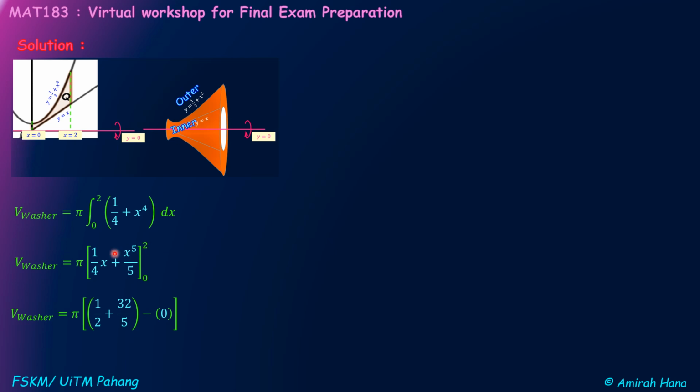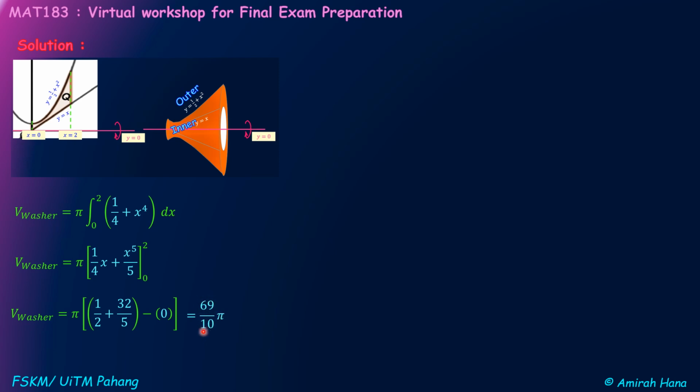Okay? So from here, after we substitute 2 into variable x and simplify, we get 1 over 2 plus 32 over 5. And then minus, after we substitute 0 into variable x here, we get 0. Right? Then we use a calculator to calculate, so we get 69 over 10 pi.